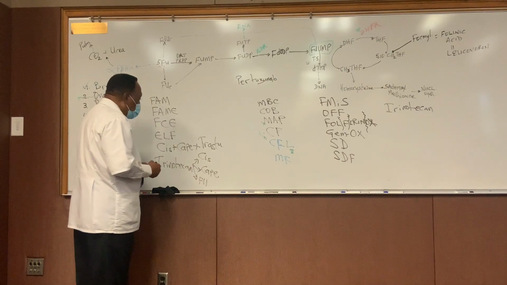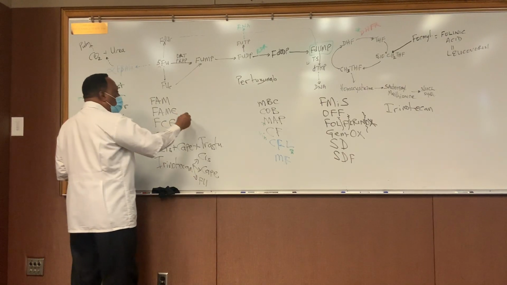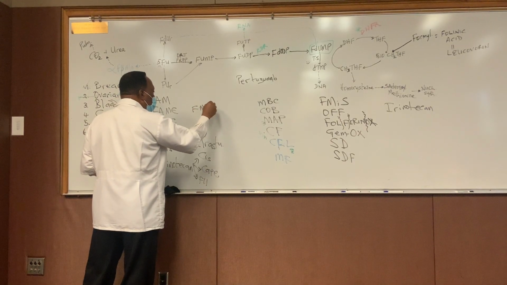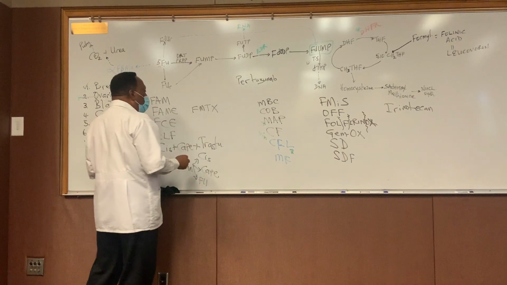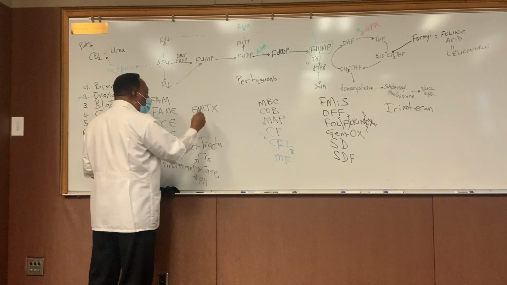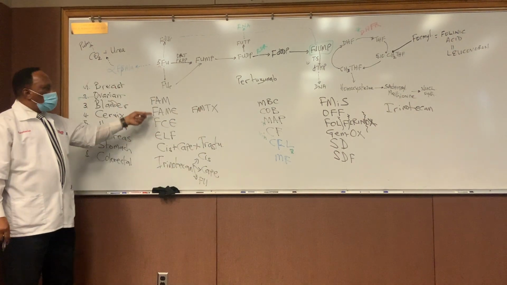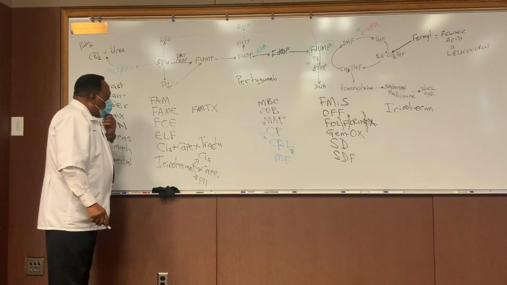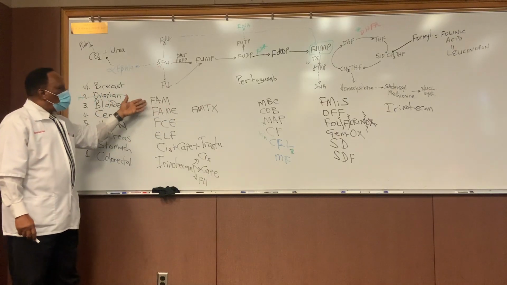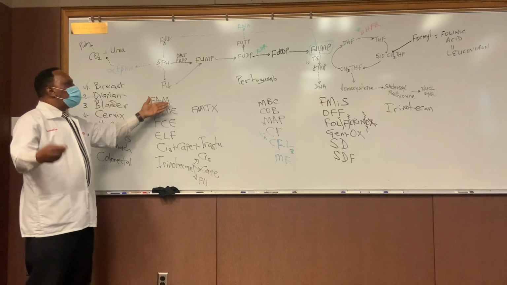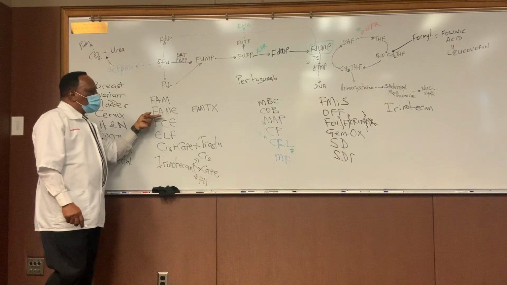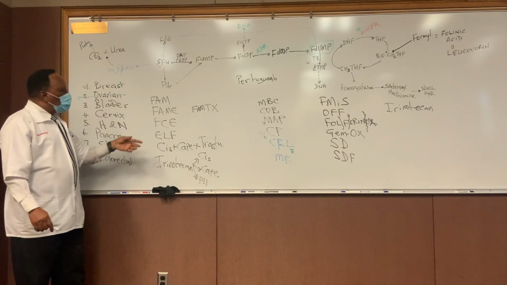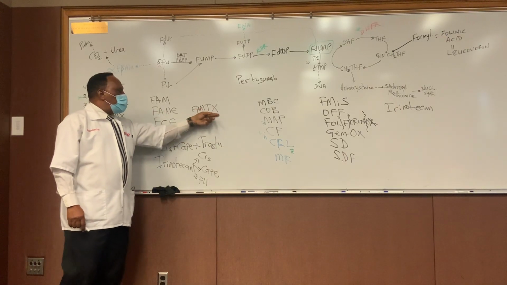One can also use FAMTX. So you have your methotrexate being used here for uracil, adriamycin, methotrexate, for uracil, adriamycin, and MA will be methotrexate, which is also like this FAMTX.